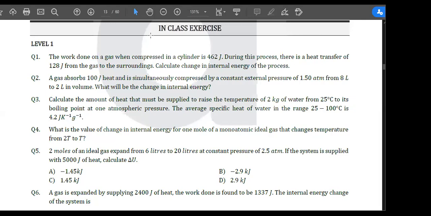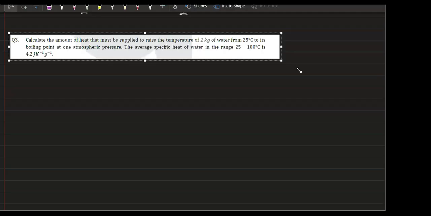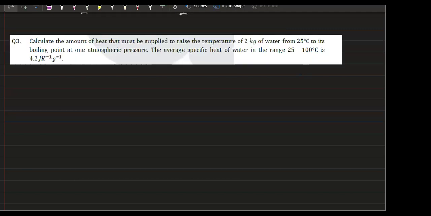Now question number 3. We'll see question number 3. Everyone, just go through question number 3 first. Right? Everyone read the problem? See question number 3. First of all, you have to know what is given, as usual.